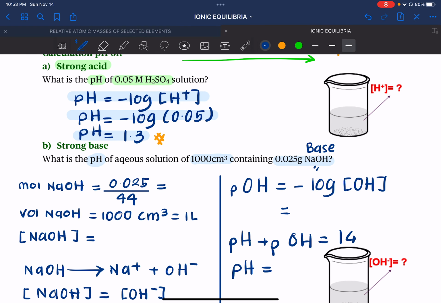So yang ni dia punya soalan is not straightforward. So you are given the mass of the NaO. So you kena cari dulu dia punya mol.